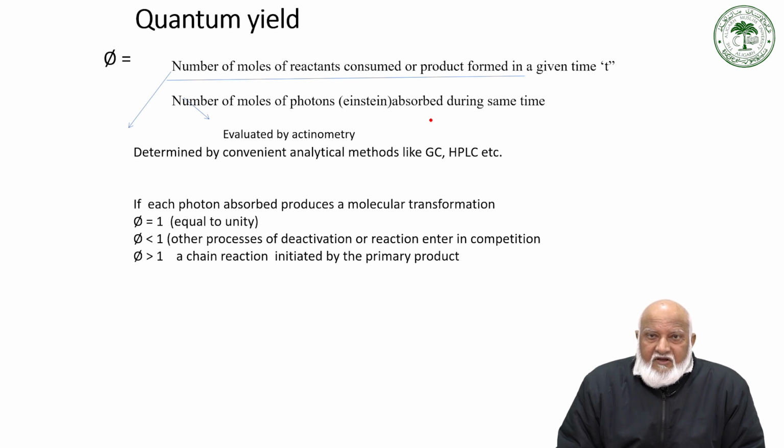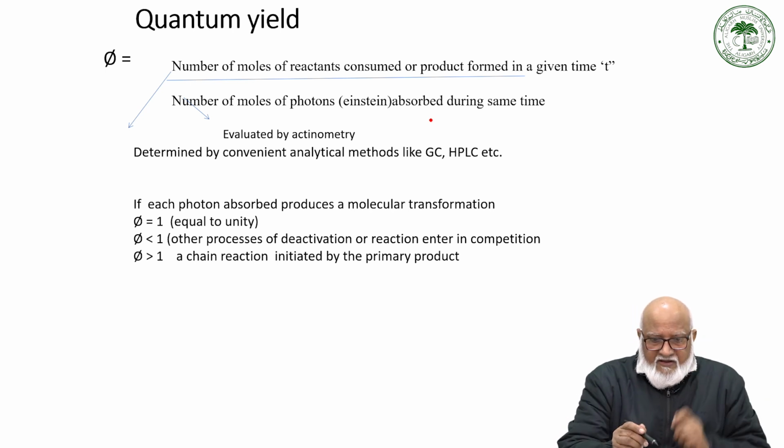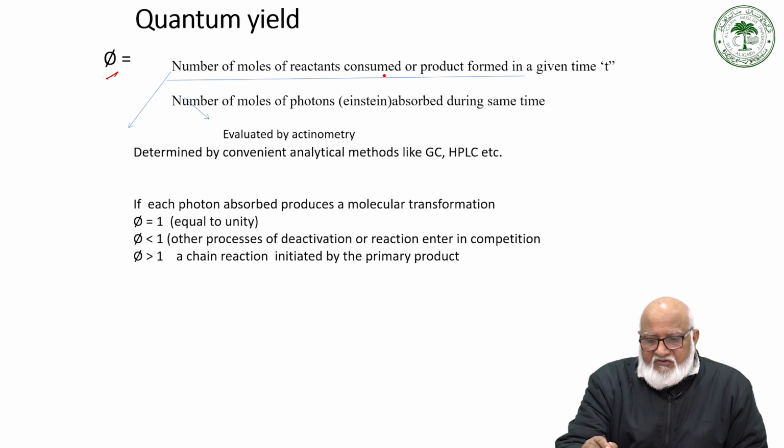In the case of a photochemical reaction, how efficient the reaction is, is represented by the quantum yield phi, and it is given by the number of moles of reactant consumed or product formed in a given time t divided by the number of moles of photons, in terms of Einstein, absorbed during the same time.